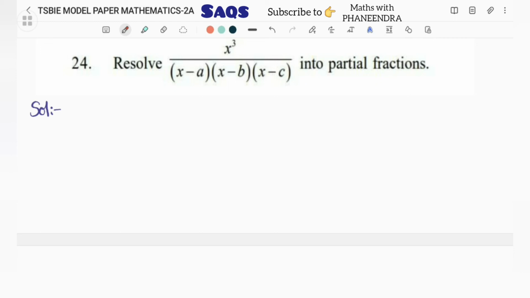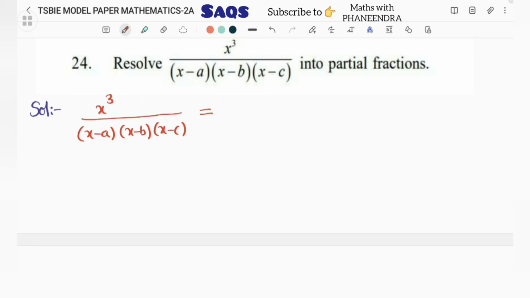So degree of f of x is greater than or equal to degree of g of x, so the fraction is called improper fraction. x cube by x minus a into x minus b into x minus c is an improper fraction. Whenever it is improper fraction, how to write the partial fractions.